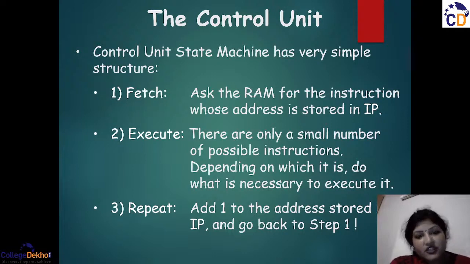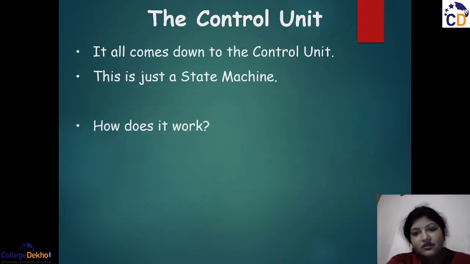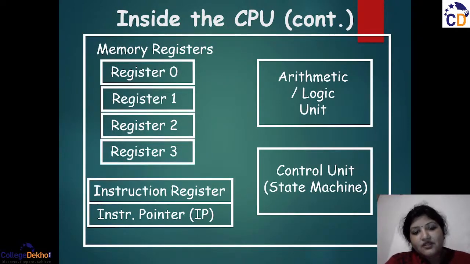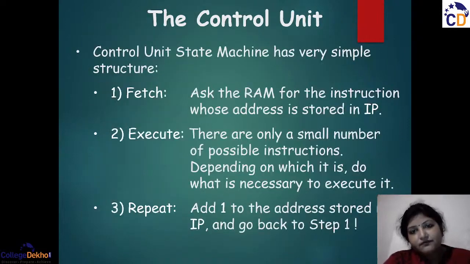First is the fetch command. Ask the RAM for the instruction whose address is stored in the IP, the instruction pointer. What is IP? Instruction pointer, right? So the fetch instruction asks the RAM for the instruction whose address is stored in the IP.